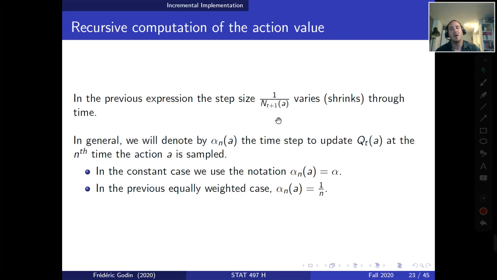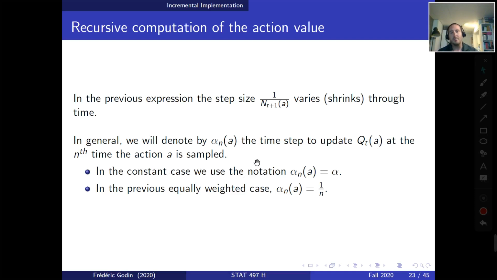In general, we can denote by alpha_n(a) the step size, I've written time step, but this should be the step size, to update your estimate of action A's expected reward at the nth time the action A is sampled.